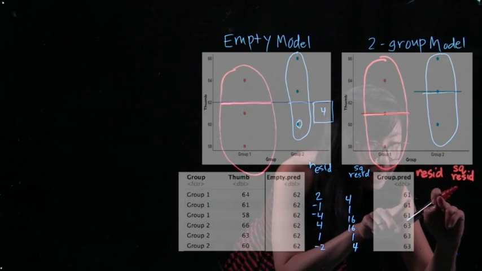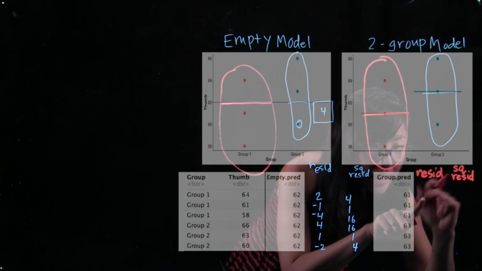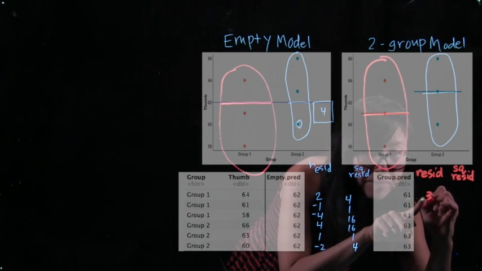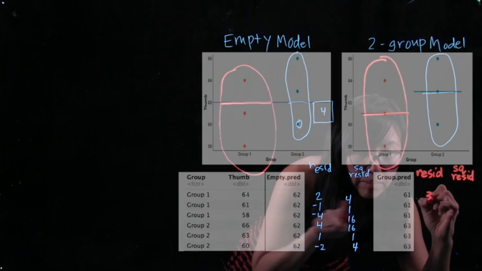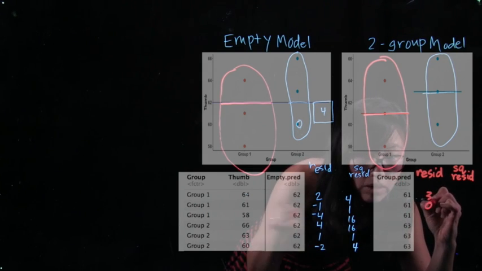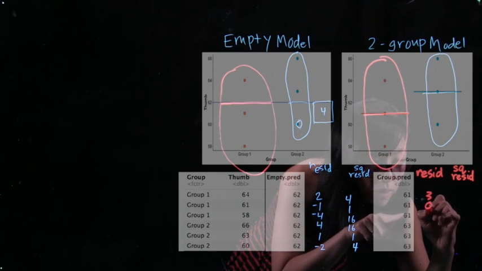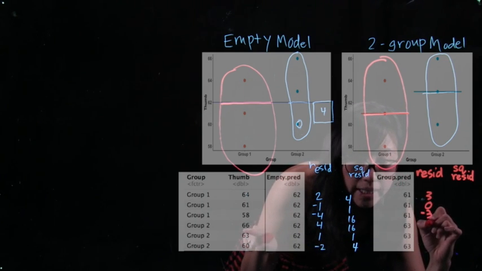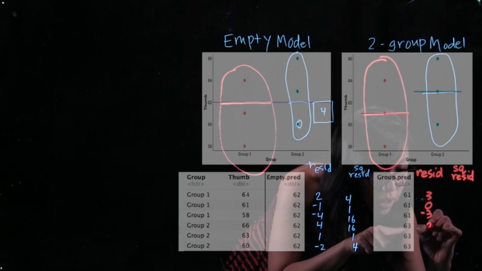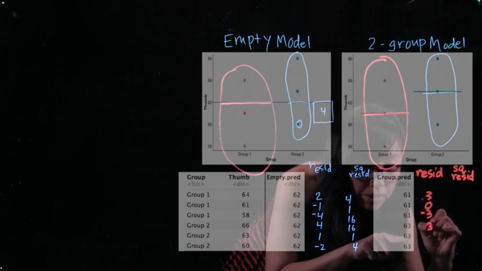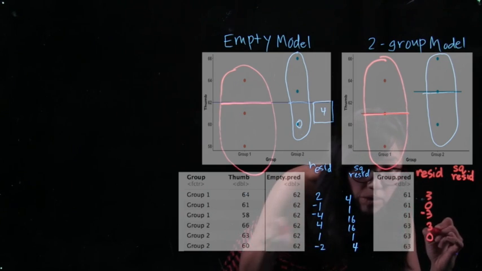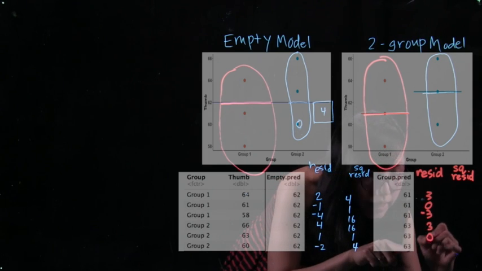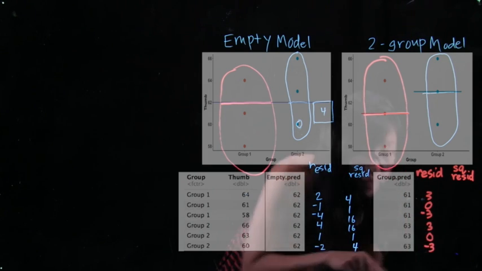Let me see if I can line it up well. All right, so I'll put a 3 right there. And then there's 61 minus 61, which is 0. 58 minus 61, which is negative 3. And then 66 minus 63, which is 3. 63 minus 63 is 0, and 60 minus 63 is negative 3, right?